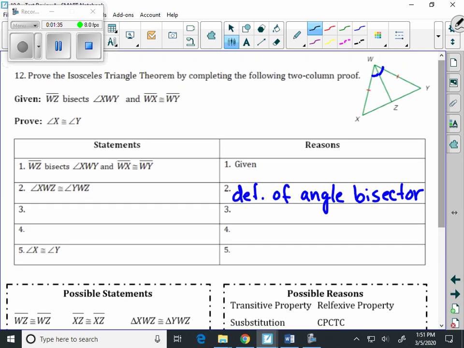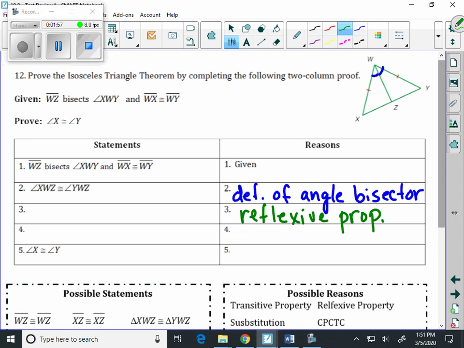But as you're finishing writing down definition of angle bisector, what we see in this particular picture is that this is a shared side triangle. And shared side triangle means that somewhere in this proof, we're going to use the reflexive property.